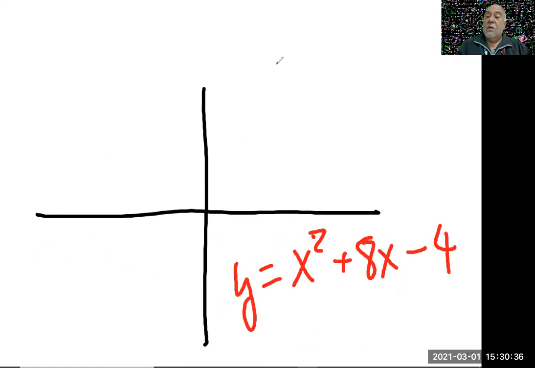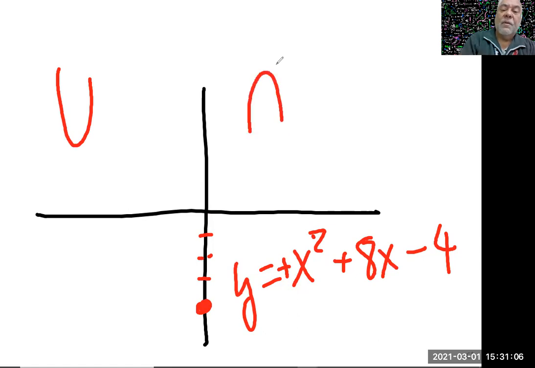You know that the y-intercept is -4, so it's at 1, 2, 3, 4. You also know, because this x squared term is positive right here, that the parabola opens in the upward direction. If it were negative, it would open in the downward direction like that.